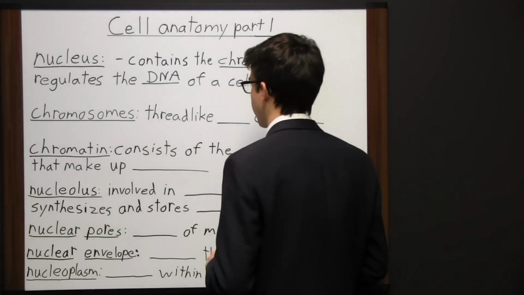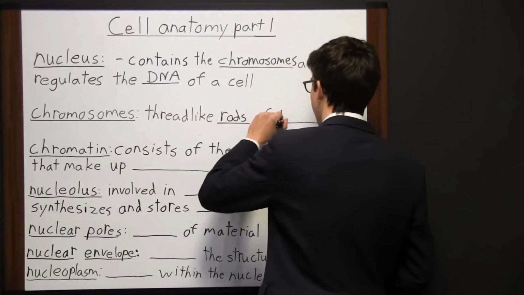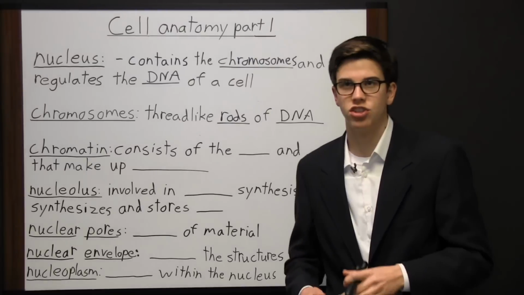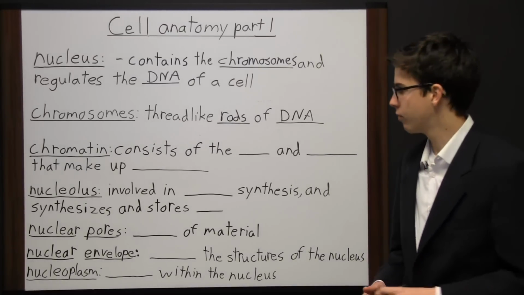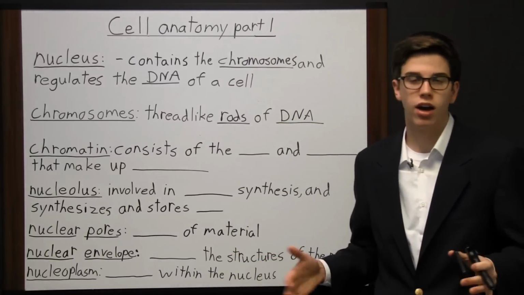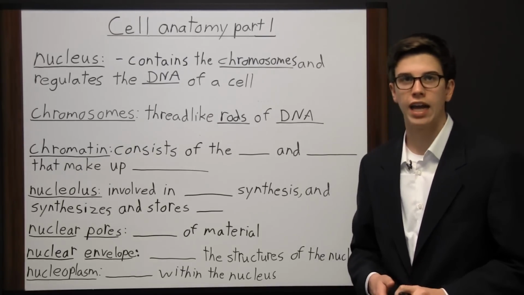Now, chromosomes are highly condensed, thread-like rods of DNA. And DNA is the genetic material that stores information about the plant or animal. So since chromosomes contain DNA, then really chromosomes can contain or store the information about the plant or animal.